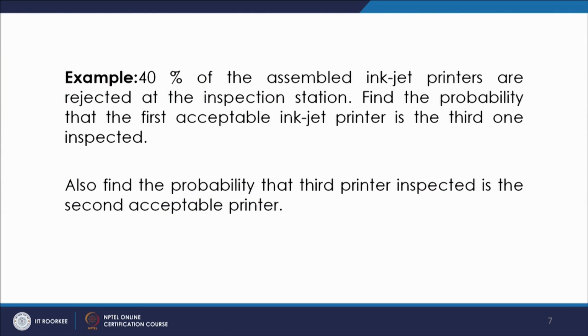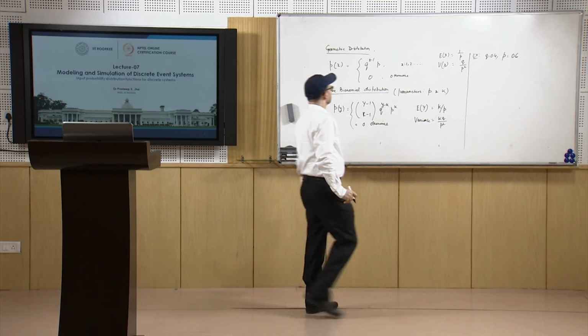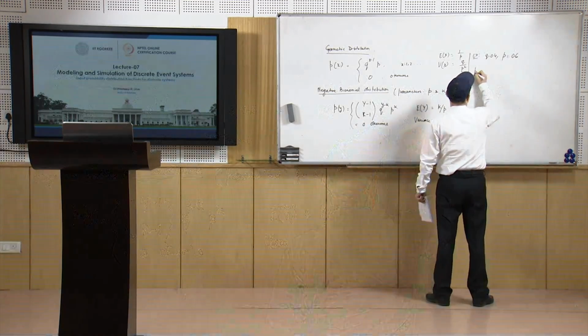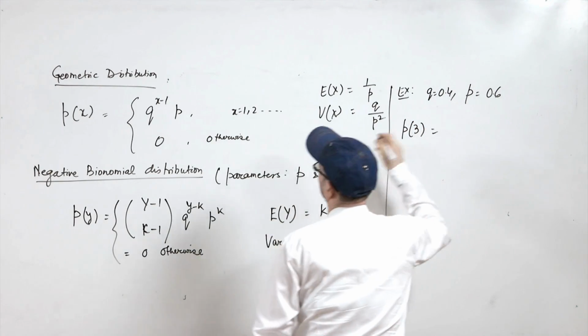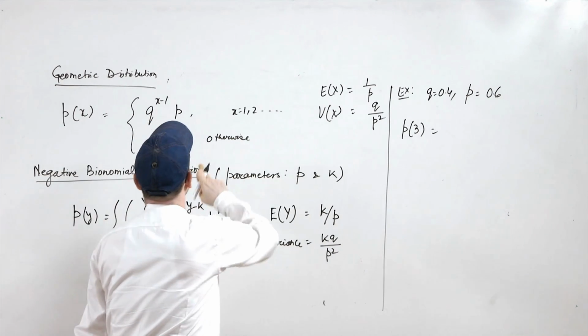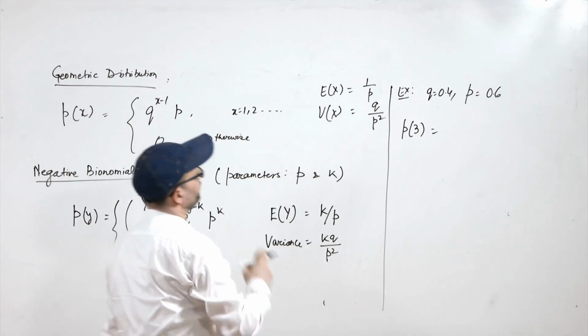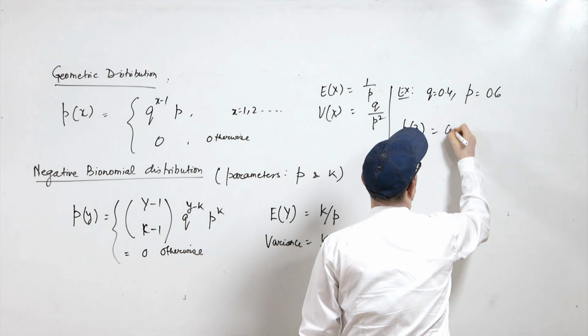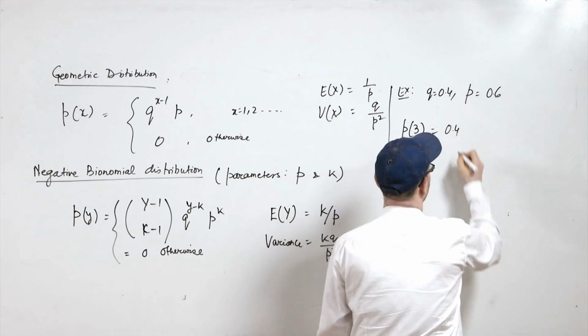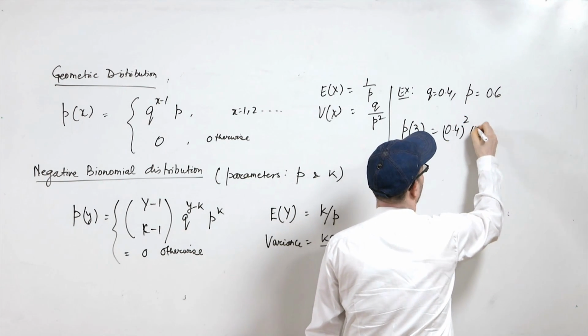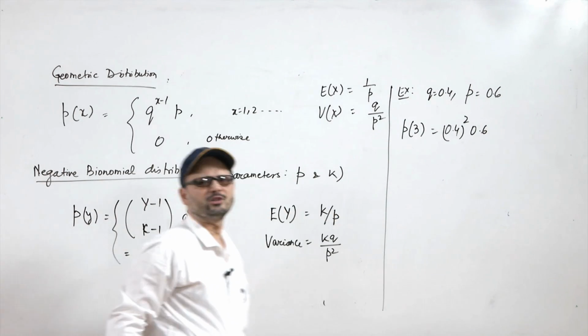So, you are going for 3 trials, and in that case P of 3 will be Q raised to the power x minus 1 times P. So, x is 3. Q is 0.4 raised to the power 2 and then multiplied by 0.6 raised to the power 1.